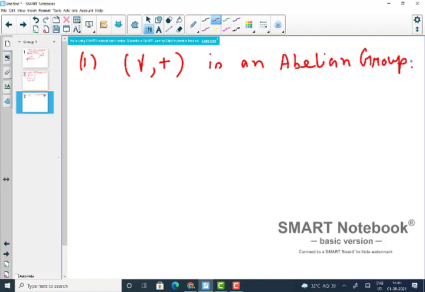Abelian group means it satisfies a few conditions: associativity, existence of identity, and other things. The identity is called the 0 element. We will define the elements of this set V as vectors.